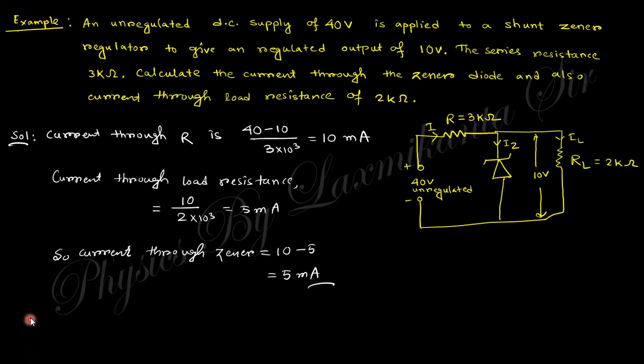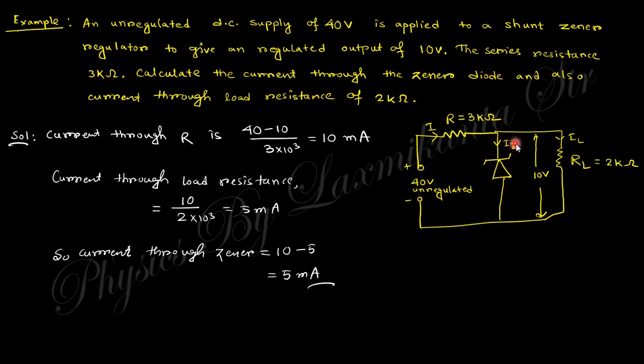This is an example, you can understand this problem. An unregulated DC power supply of 40 volt is applied to the Zener regulator, shunt, because this is parallel with this load, to give the regulated power supply of 10 volt. The series resistance is 3 kilo ohm.